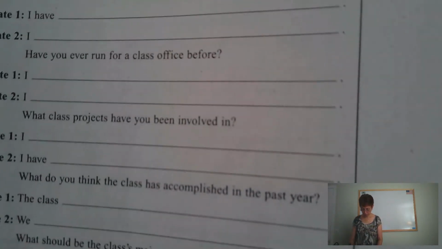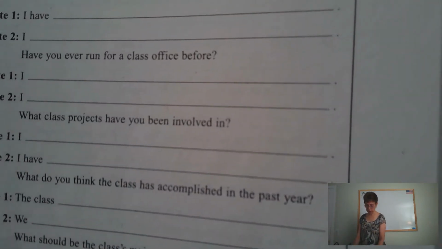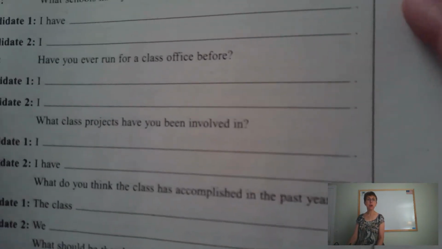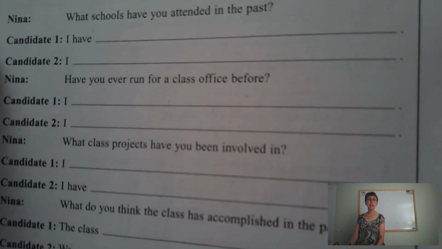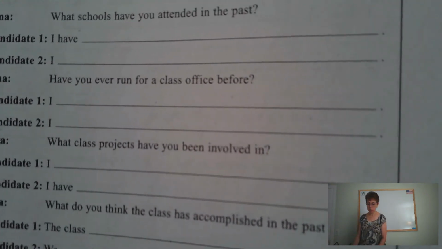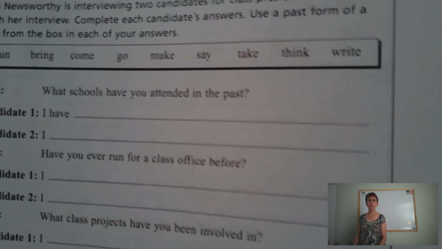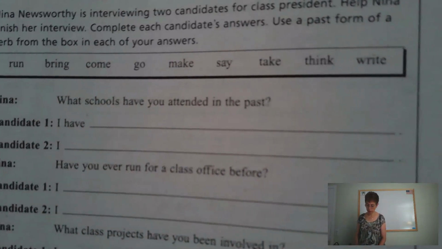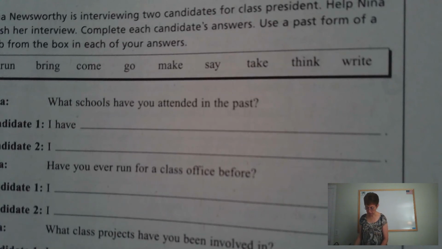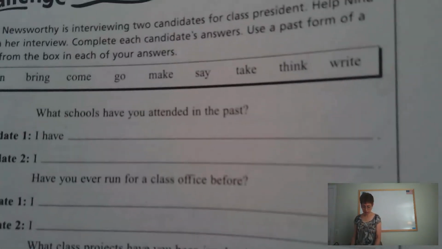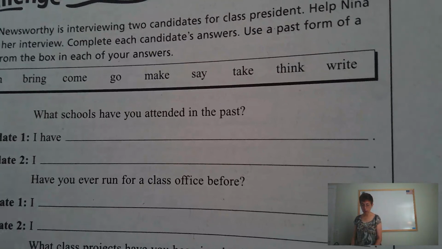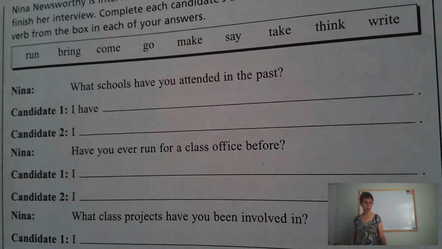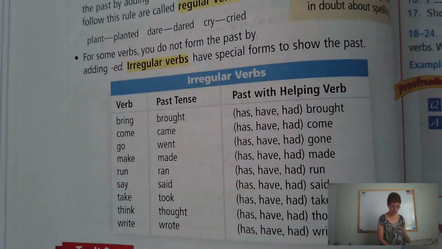They're not really numbered, but you're just going to complete the section on Nina and the candidates, answering each of those questions by using the correct form of the verbs in the box up here. You're only choosing from these verbs. So basically you have 1, 2, 3, 4, 5 questions to respond to, 2 answers for each. That's workbook page 59.